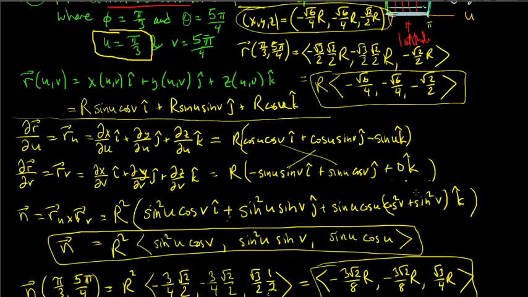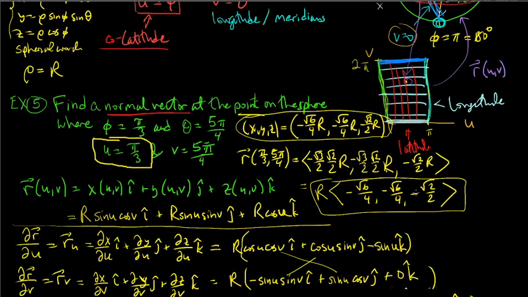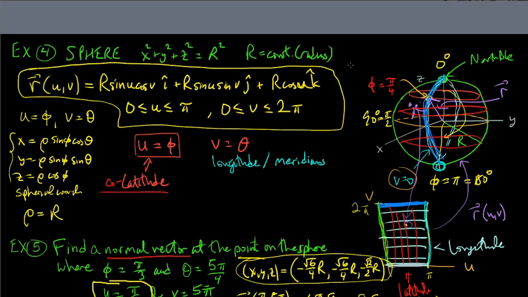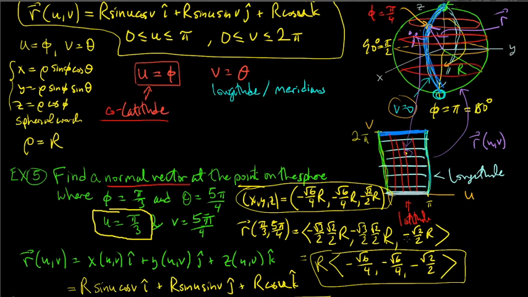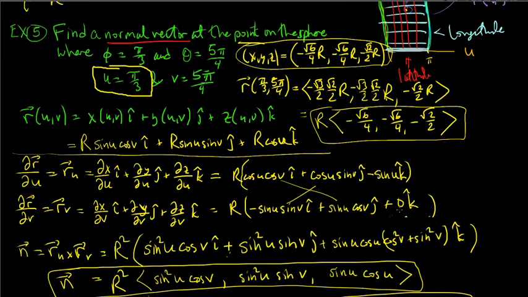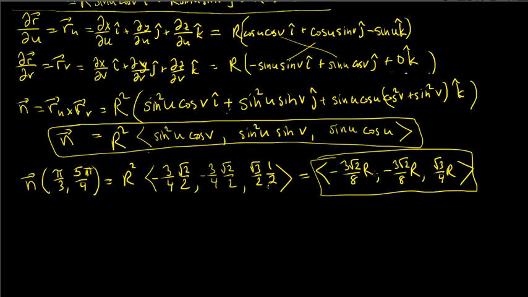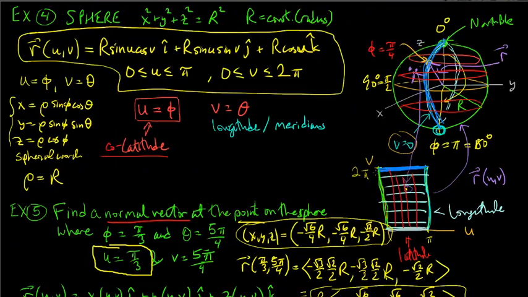All right, makes sense. So the normal vector will be pointing slightly upward at around that point. It'll have a positive vertical component. But it's in such a location that the x and y will have a negative component. It'll be pointing outward in that way. All right, so that's a good example using the parameterization of the sphere.